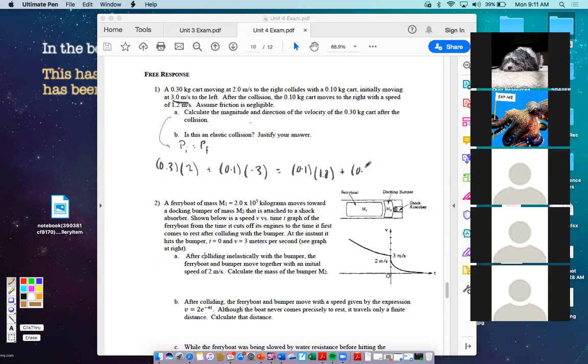So I want to know how the 0.3 kilogram cart is moving. So here's my equation, conservation of momentum, quite simple. You guys can do the algebra, but your VF there for part A ends up being, I got positive 0.6 meters per second. Is that right?